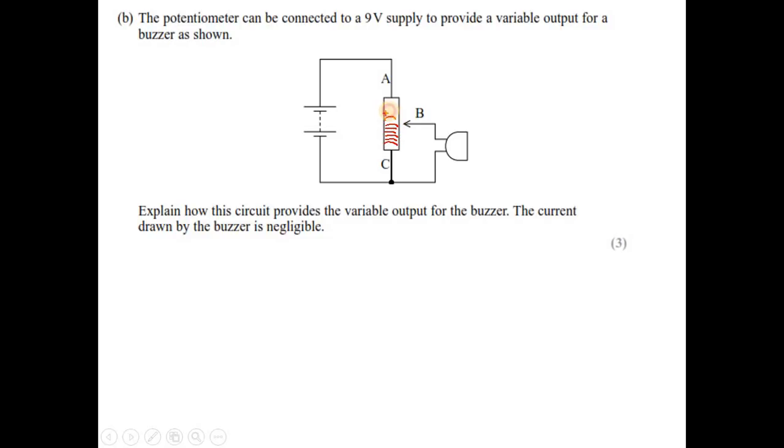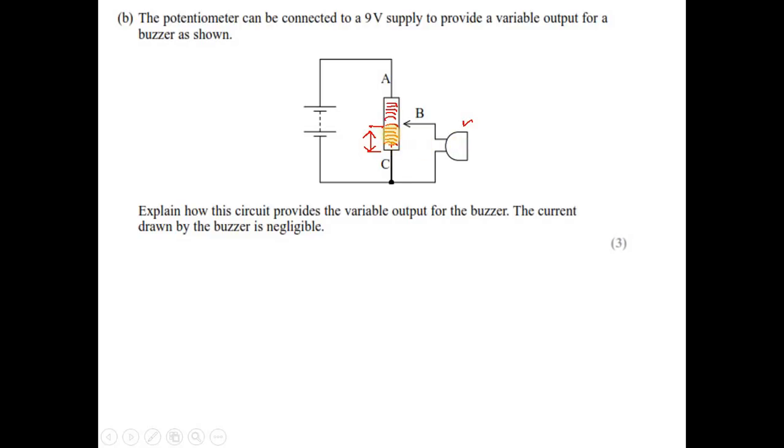So now this is a potential divider circuit, and the potential of the buzzer will be equal to the potential between B and C, because these wires, or this region, is parallel to the buzzer.